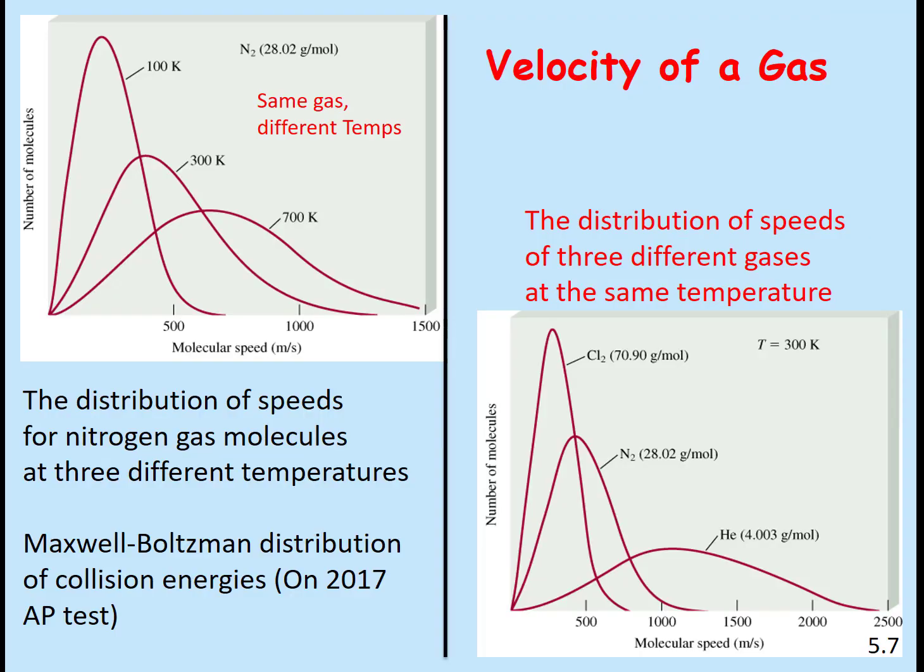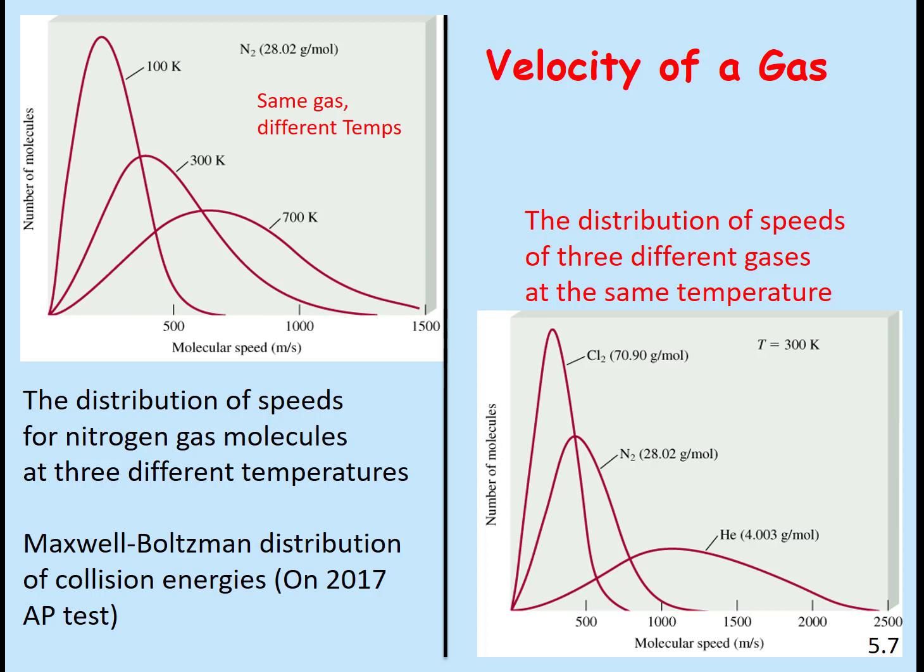When we look at the velocity of the gas, we can look at some distribution charts. These are called Maxwell-Boltzmann distributions. In this first graph, I have the same gas but at different temperatures. So I have the same number of molecules, and I'm comparing them at different temperatures.